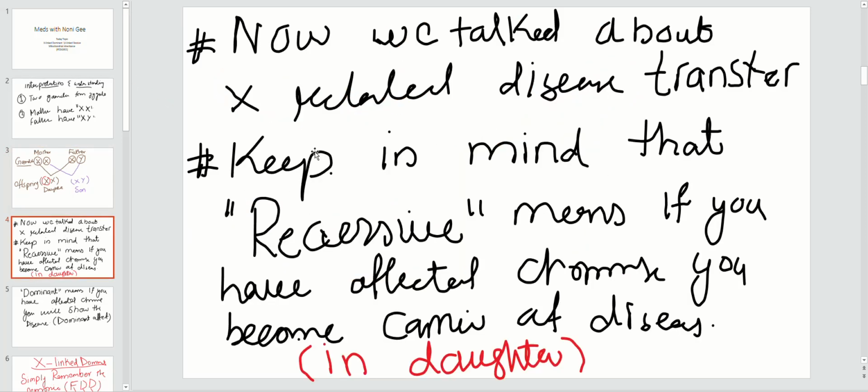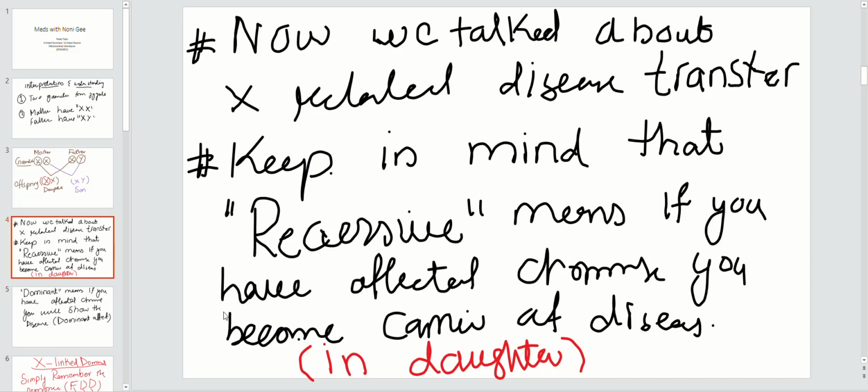Before starting this topic, I want you to know that in case of recessive inheritance, if the offspring gets an affected chromosome, in case of daughters she becomes a carrier of the disease. So if the X chromosome is in the recessive pattern, the daughter will become the carrier.